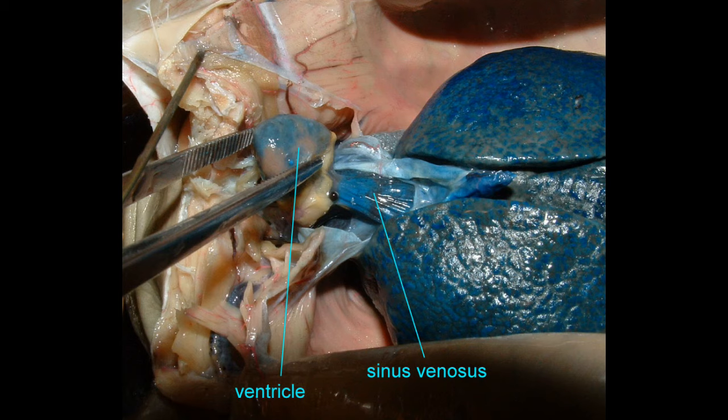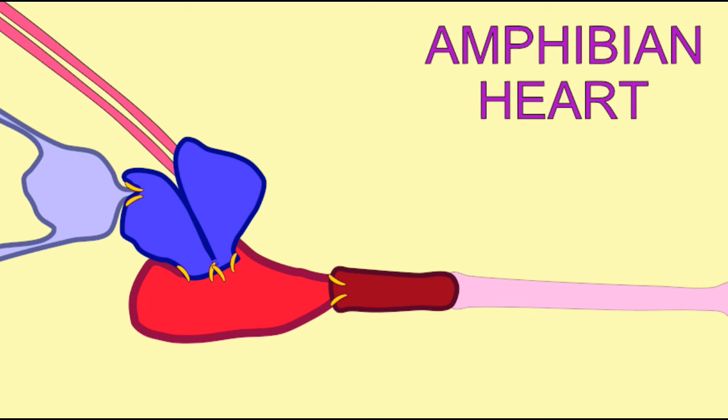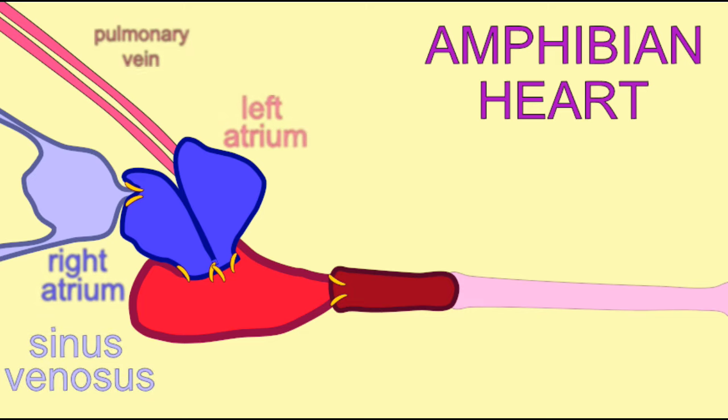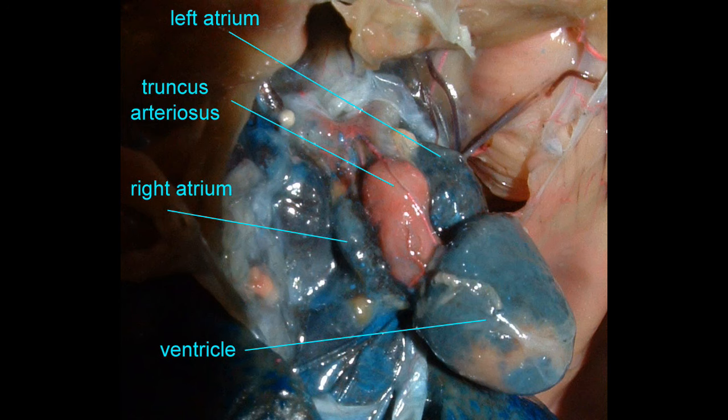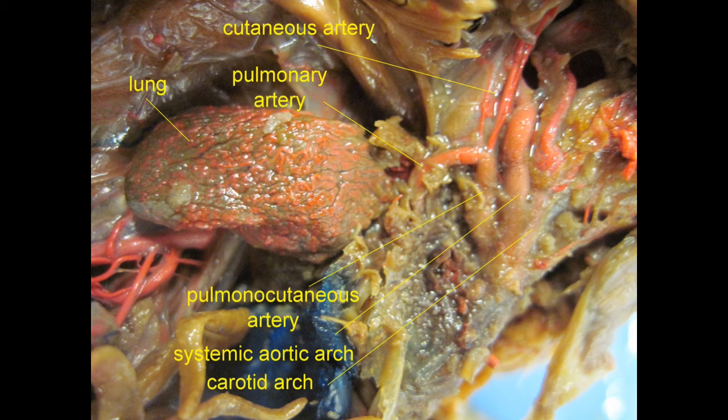In the frog to send blood to the arm and back, beginning with deoxygenated blood in the sinus venosus. It would travel into the right atrium, into the single ventricle, into the conus arteriosus, into the pulmocutaneous artery.